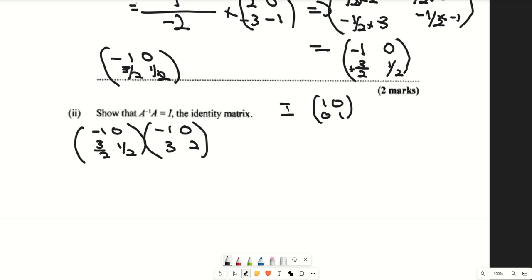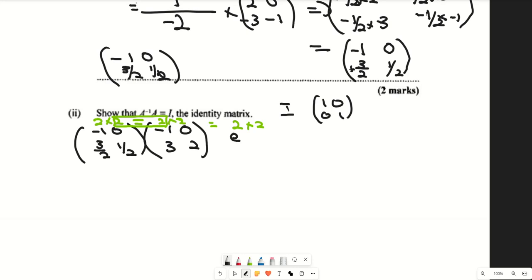Again, when multiplying, make sure they are conformable to multiplication. This is a 2 by 2 and this is a 2 by 2, so the number of columns in the first matrix equals the number of rows in the second, and your resultant matrix is going to be a 2 by 2.